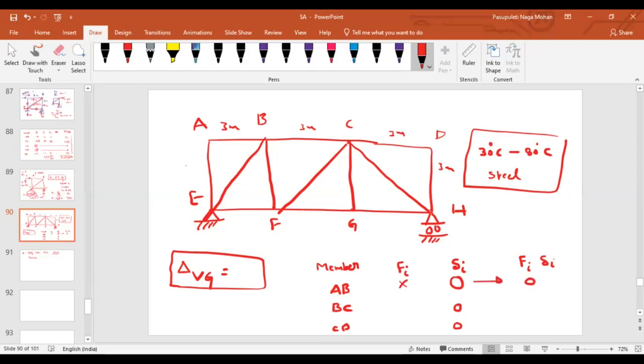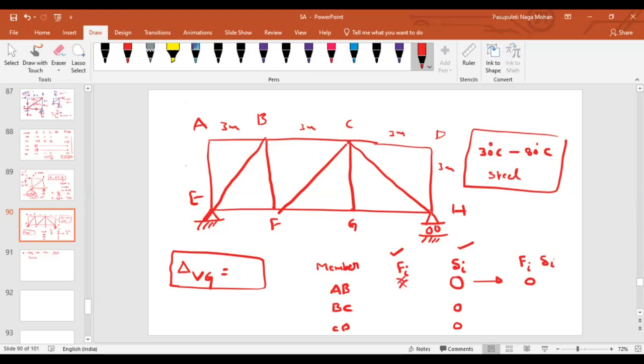If either Fi is 0 or delta I is 0, the net value is 0. So in the exam, you have to see for how many members zeros are there. If zeros are there, then there is no need to find anything.